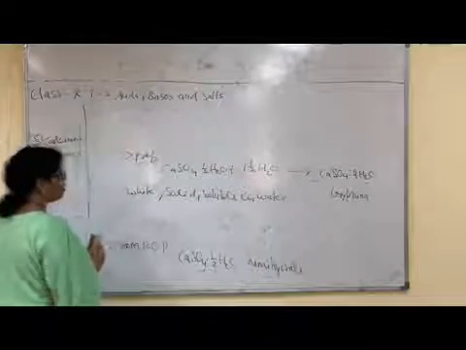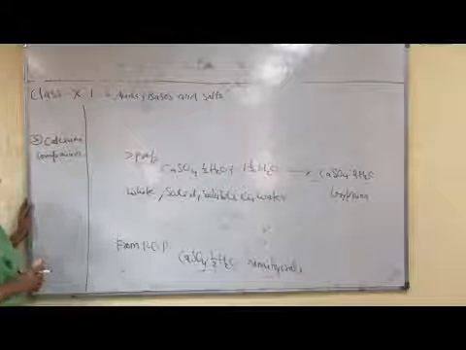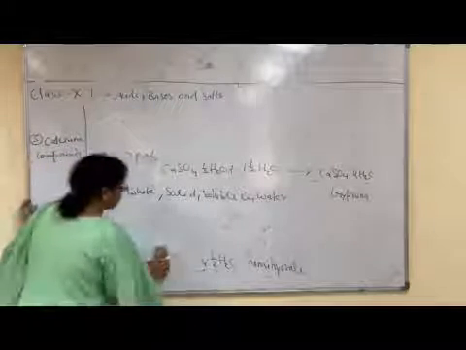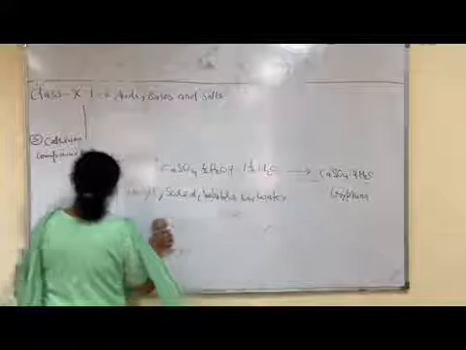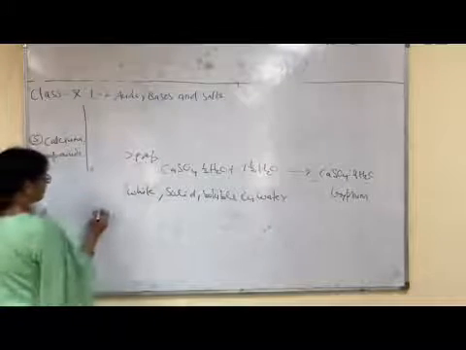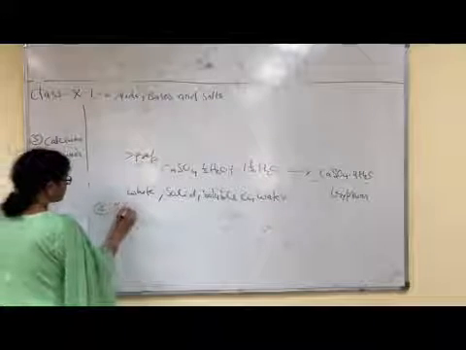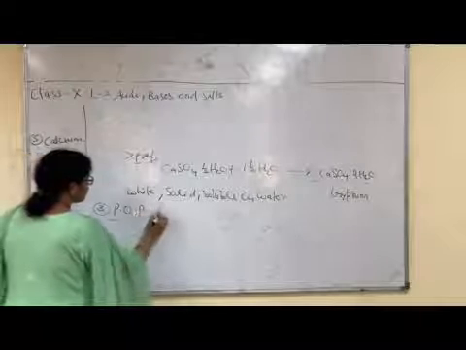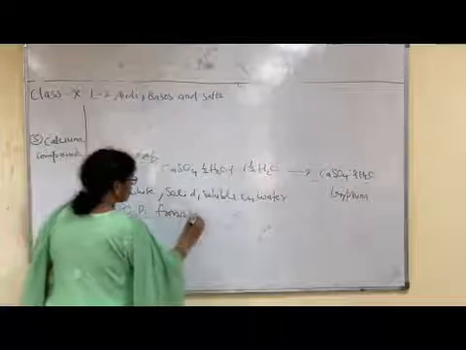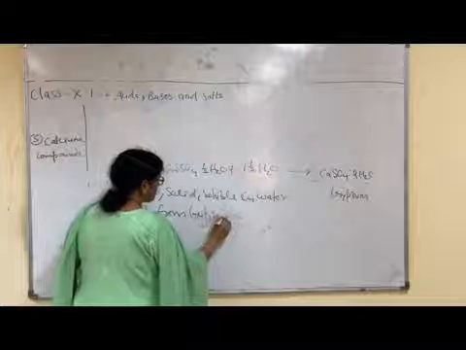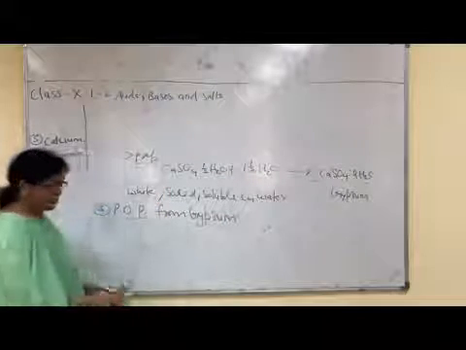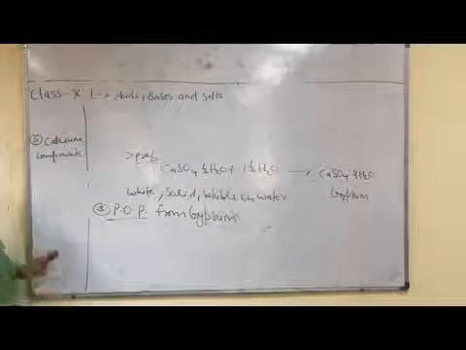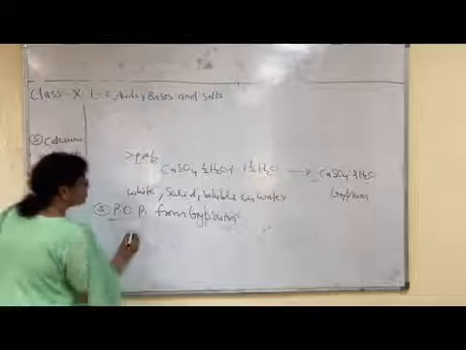Okay children. Now last one is a POP, plaster of Paris. Preparation of POP from gypsum. Then controlled heating is done at 373 Kelvin temperature.